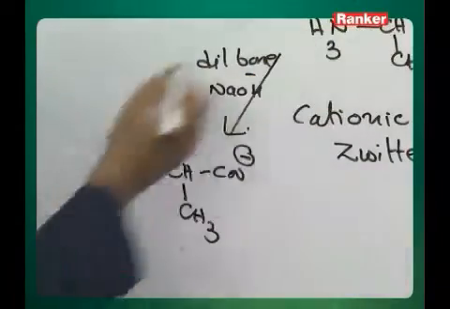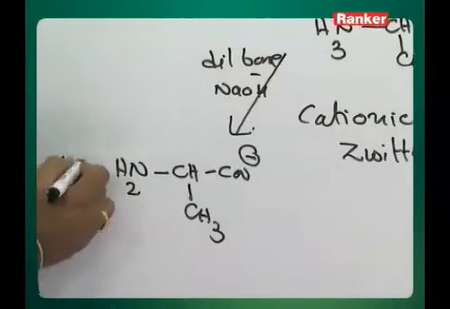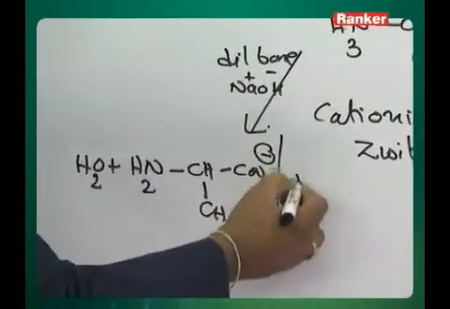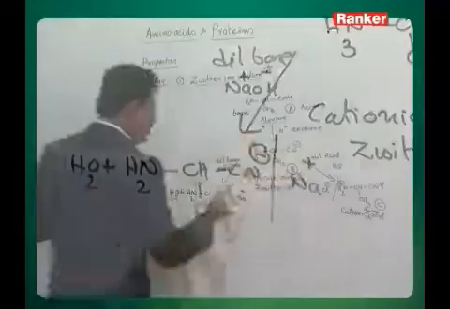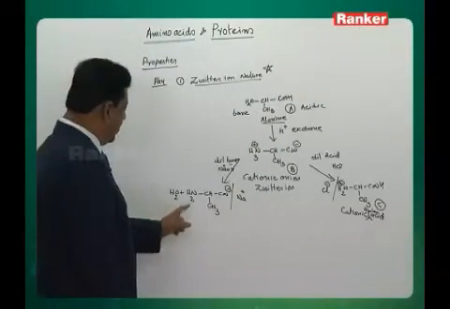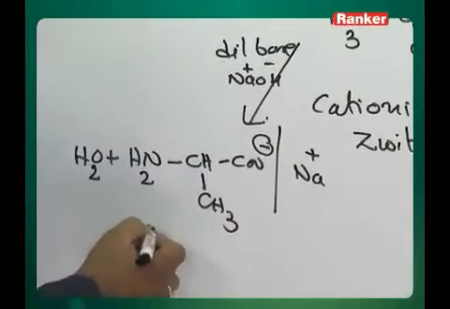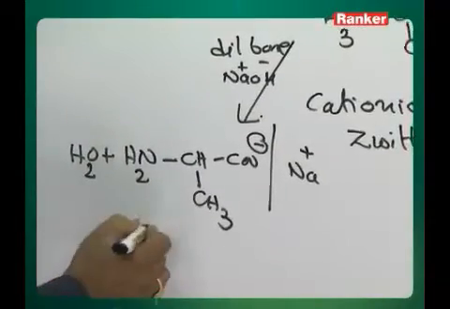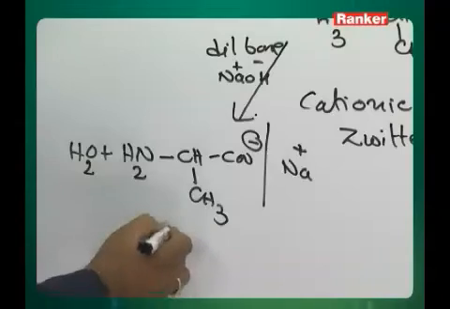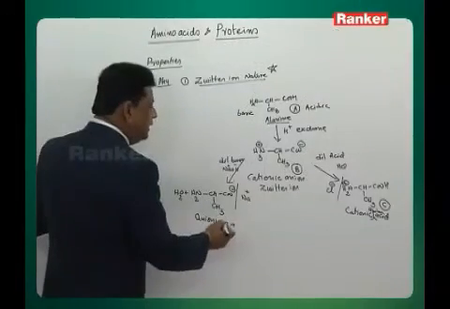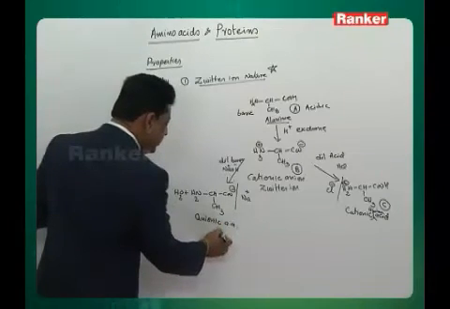That OH and H will become water, neutralization, but a cation Na plus will be attached to this anion. Now, our amino acid has only an anion, so let us call it an anionic amino acid. Let us designate this structure as capital D.